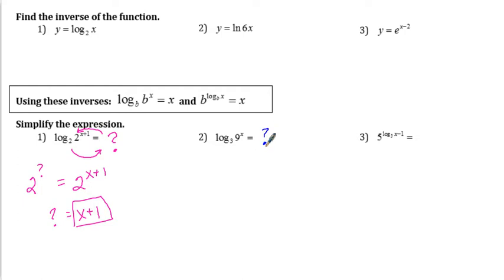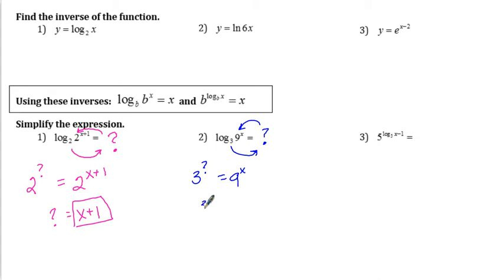We don't know the answer to this. We need to know 3 to what power is the same as this. Well, we don't yet have these to be the same bases, which is what we had in the first question. We need to make sure that they're the same bases. But we could get 9 to be the same base. 9 is just 3 squared.